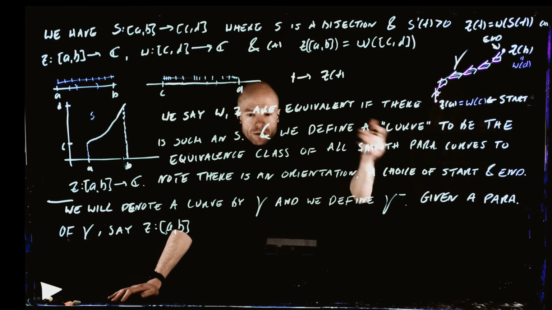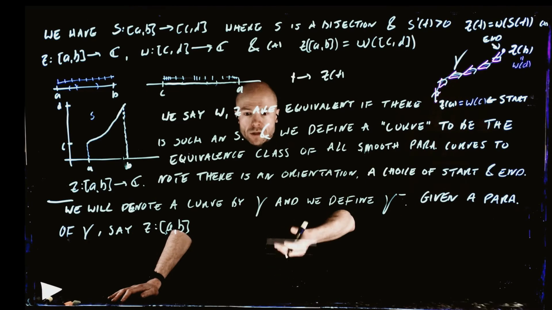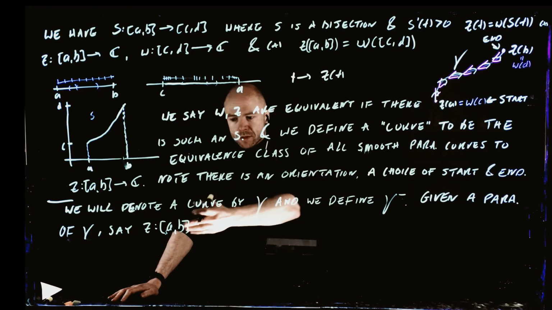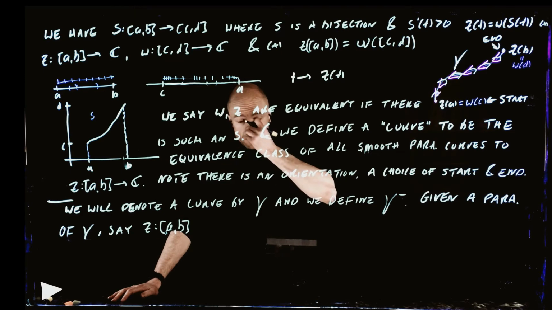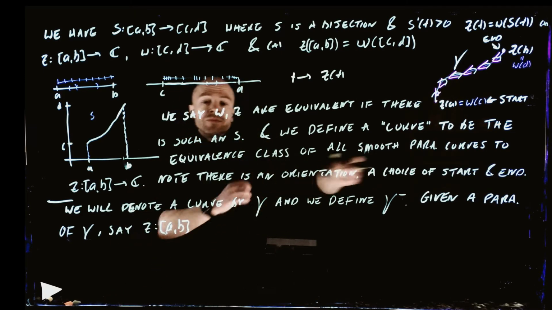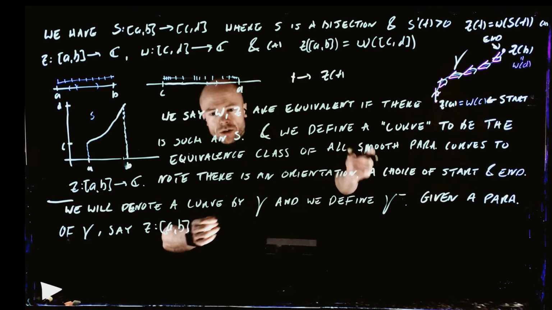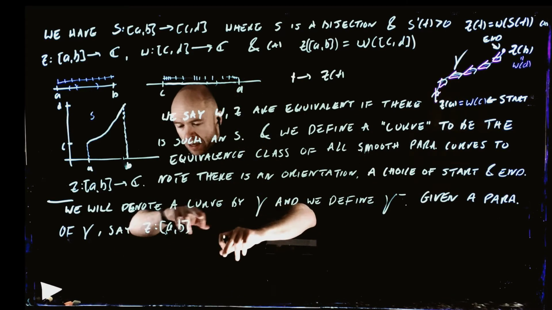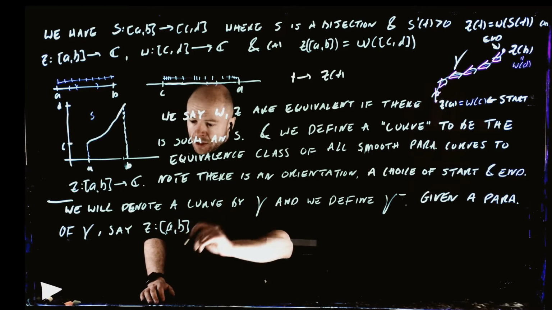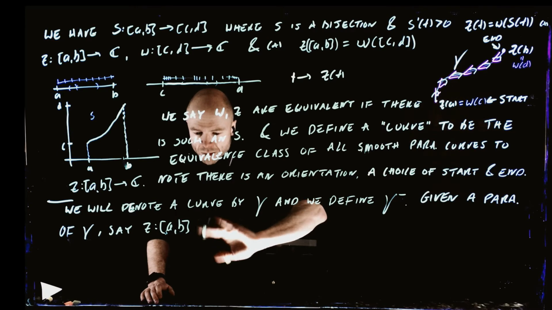And if you want, in your homeworks, you can always take 0, 1 because for obvious reasons, 0, 1 can be mapped to A, B with a mapping S that is differentiable, monotonic, and has all the properties that we need. So we say this guy is a parameterization.